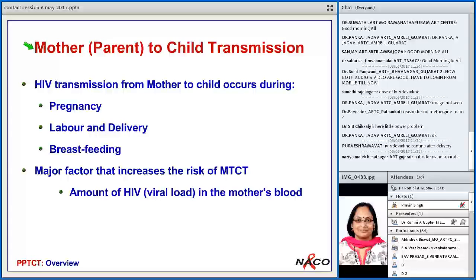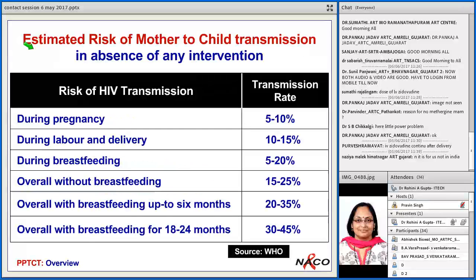The only way to prevent the mother transmitting HIV to the baby is by giving lifelong ART therapy, and the mother should be adherent with that therapy. So this is the risk of the baby getting infection if the mother is infected in the absence of any intervention, that is, the mother doesn't take any preventive action.